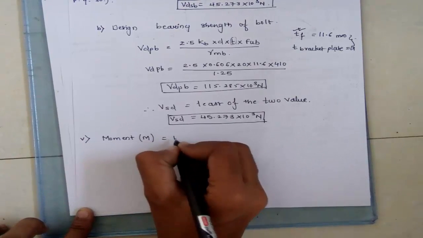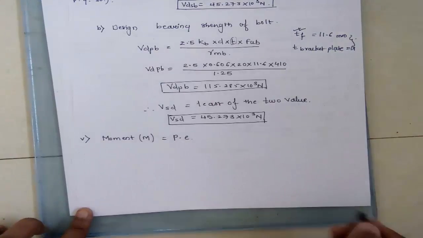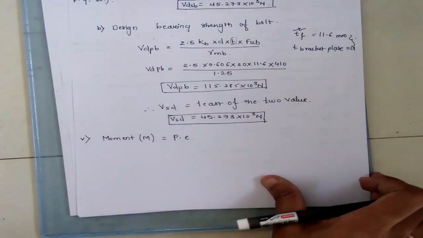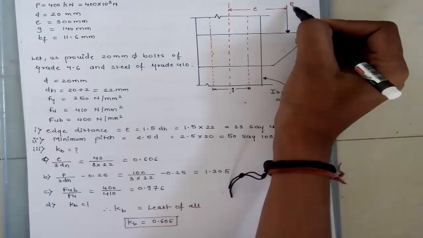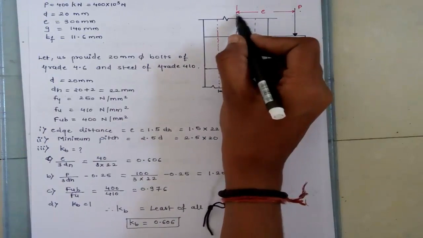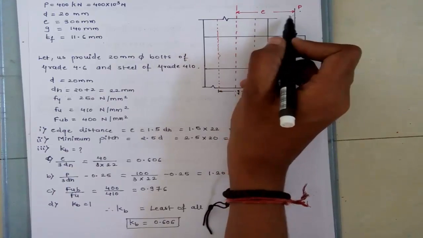Fifth step is the moment. For calculation of moment, it is load into perpendicular distance. In this diagram, as you can see here, this is the load P and this is the eccentric distance. We call it the perpendicular distance.